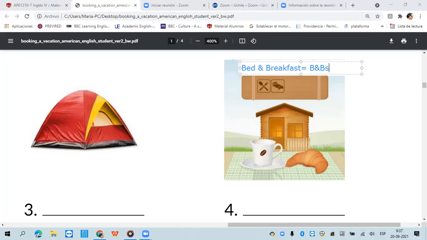Do you know any bed and breakfast in Chile?